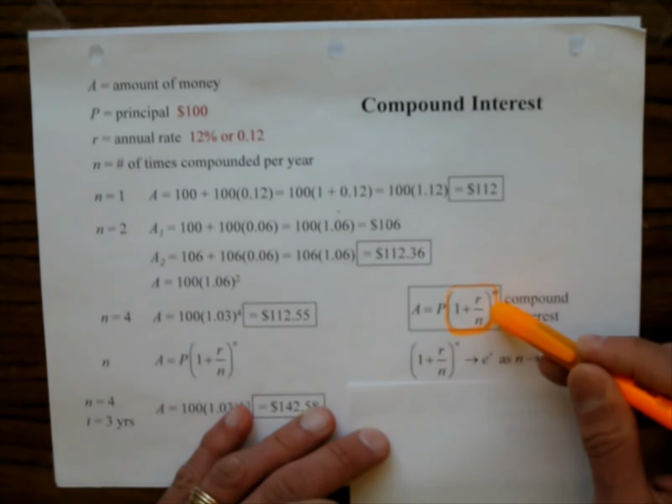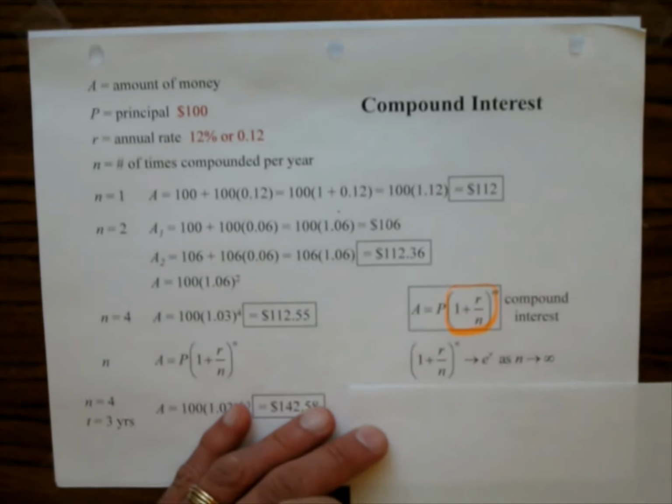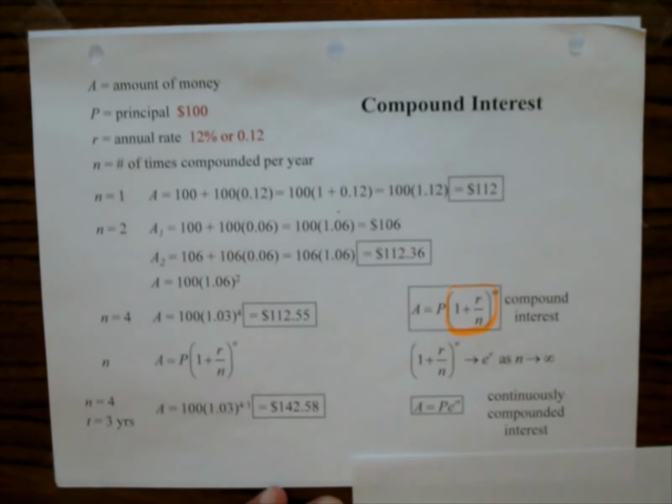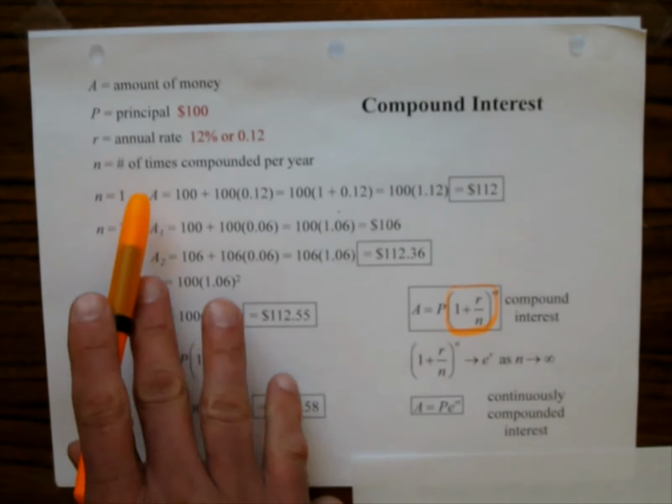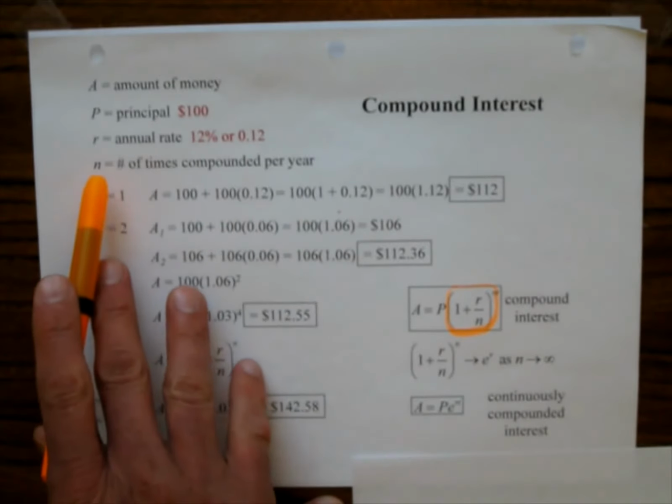So you have e to the r raised to the t. You end up getting something called continuously compounded interest, where the formula becomes e to the r, and then a power to a power, you multiply the exponents. And that is continuously compounded interest, and that's if the number of times you compound per year is infinity.